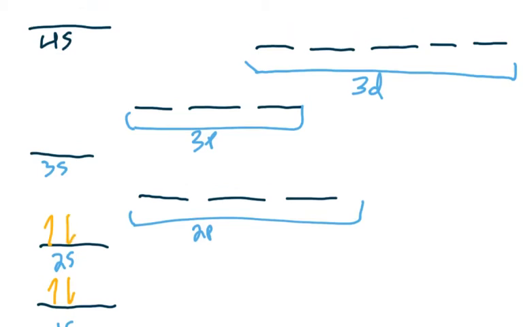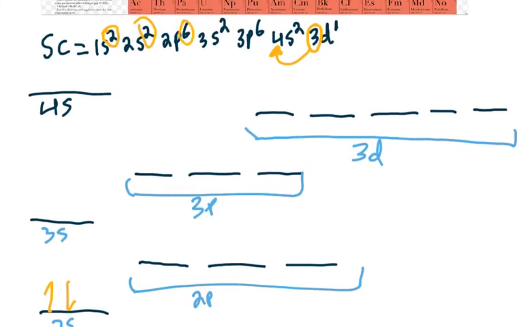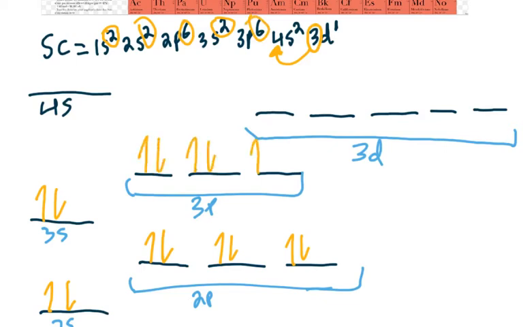Then our 2p orbital can fit 6 electrons, so we follow Hund's rule: because electrons repel each other, we fill each orientation singly first, then go back and pair them, so 4, 5, 6. Our 3s orbital fits 2 electrons, positive 1/2, negative 1/2. The 3p orbital, 6 again, so 1, 2, 3, then Hund's rule, 4, 5, 6.